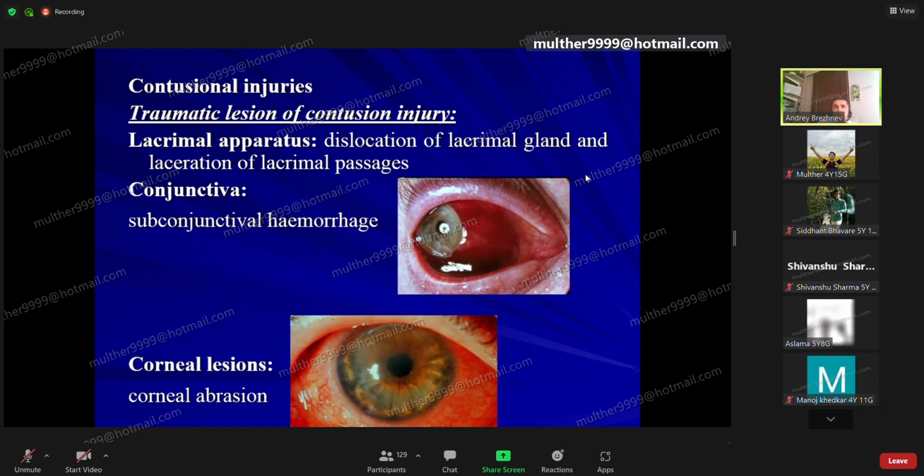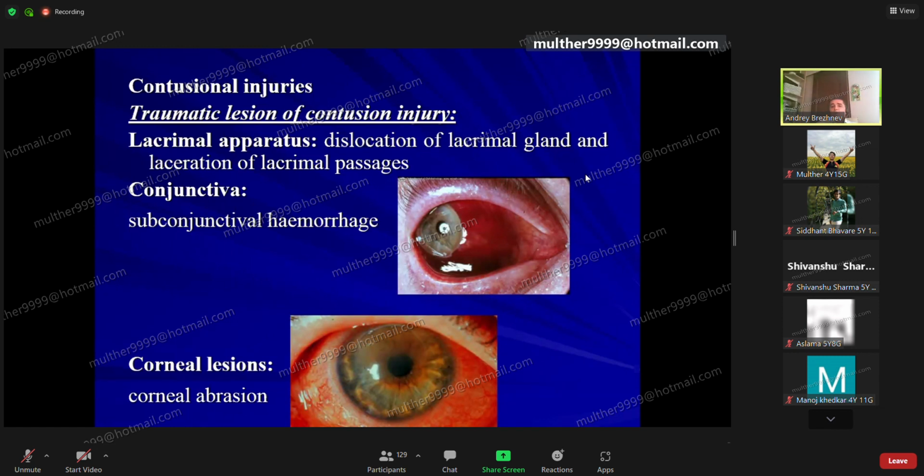Lacrimal apparatus. The lacrimal apparatus, as you know, includes the main lacrimal gland, which is situated in the superior and lateral part of the orbit, and lacrimal passages through which the tears outflow from the conjunctival sac into the nasal cavity. So we can see in our everyday life traumas of the lacrimal passages and lacrimal apparatus at different levels.